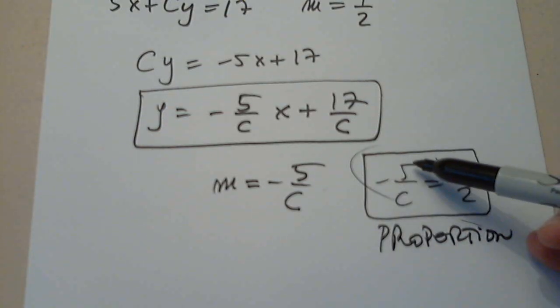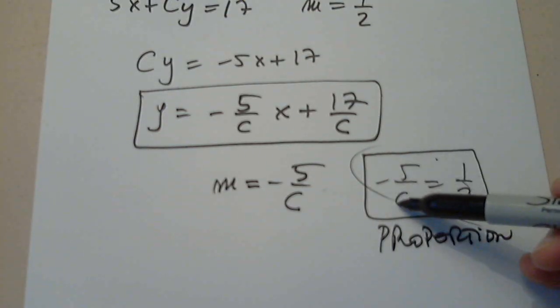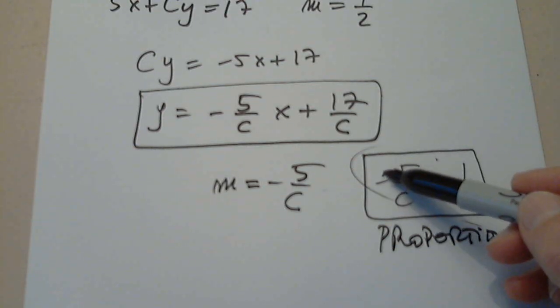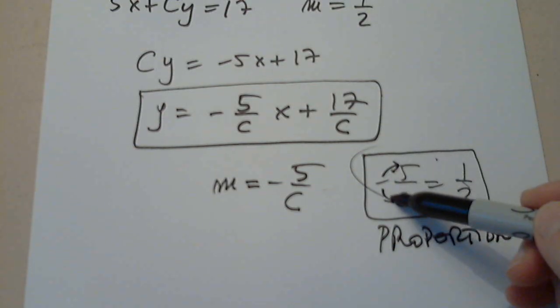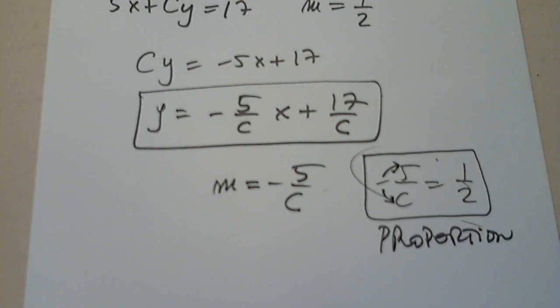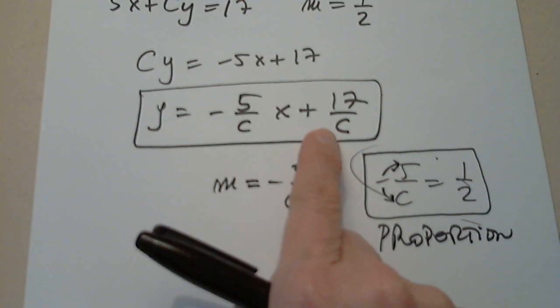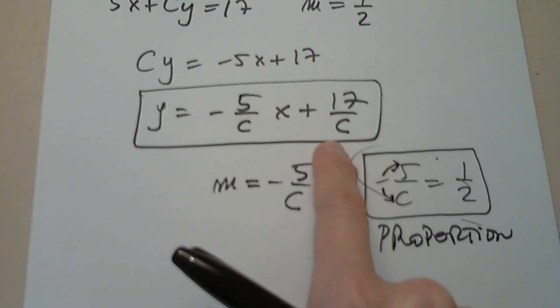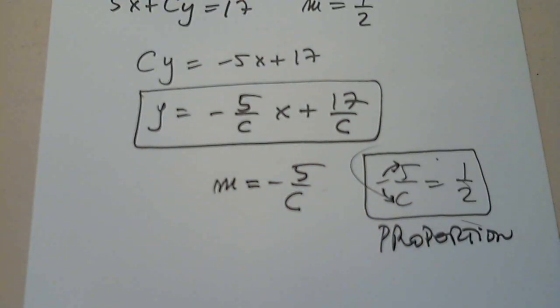Careful, you cannot incorporate the negative with both. You either put it with the top or with the bottom, but not with both, because if you put it in both, you are changing the sign. So -5 over c is either -5 over c or 5 over -c, not both negative.